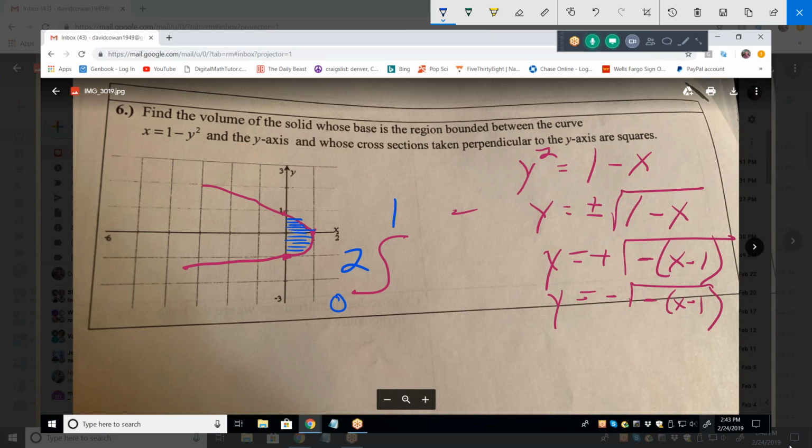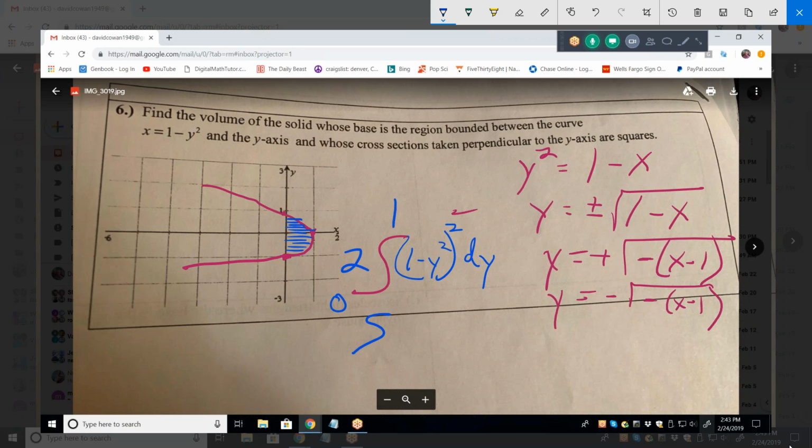And what goes inside that integral, or to the right of that integral sign? 1 minus y squared, squared. Good. dy. Very important, that dy. And now you can see that that squares rather normally.